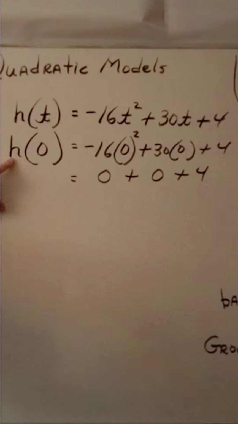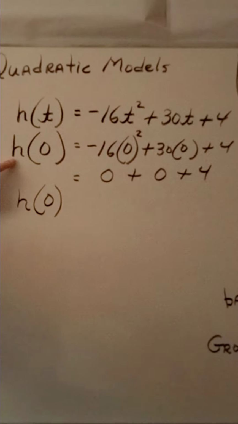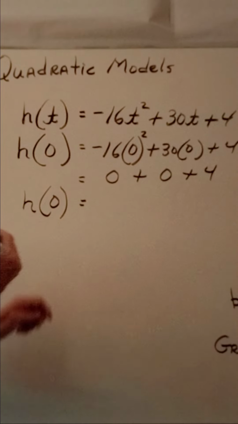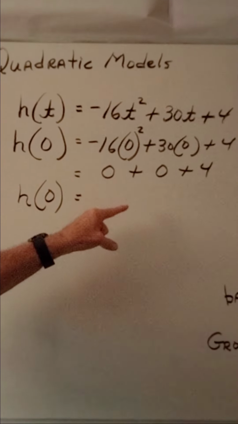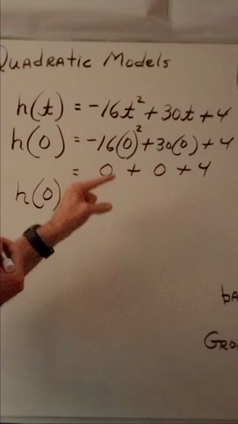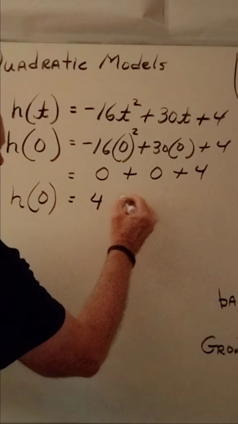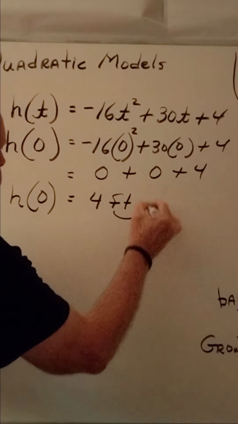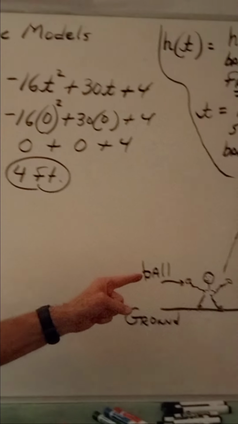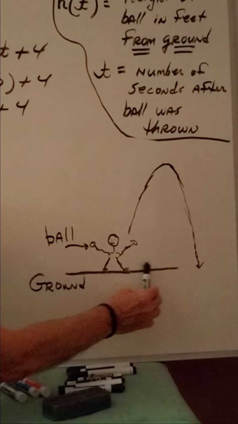The value of function h when its domain is 0 seconds is going to elicit a range value, or the initial height of the ball will be, and if you kind of look right here, he's standing on the ground.